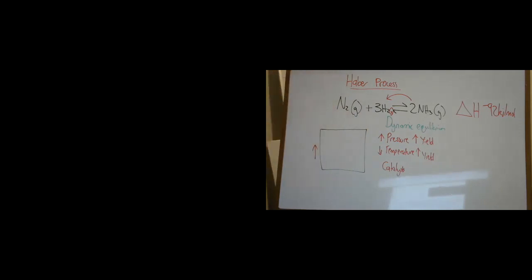If we drop the temperature too low, it will take so long to get to that extra yield that it's not worth it. So we use a catalyst. The catalyst for this is magnetite, which is Fe3O4. It's finely ground, which increases the surface area, and it lowers the activation energy required for the reaction. So the idea is that we have to balance the conditions. You can't just jack the temperature up or the pressure up, because it will blow up half a city.